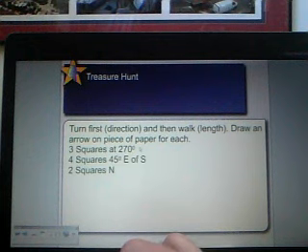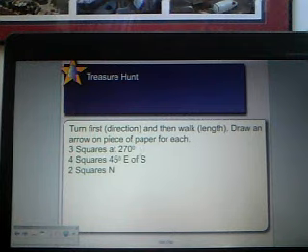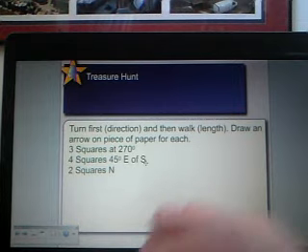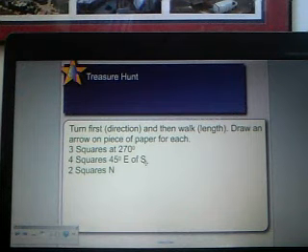And that should be the direction that you draw your arrow. Remember, this one means 45 degrees east of the south line. So face south and then go to the east side of it that many degrees. Go ahead and draw, walk, switching spots again, and we'll compare answers in a moment.